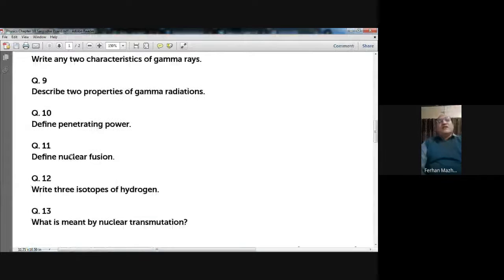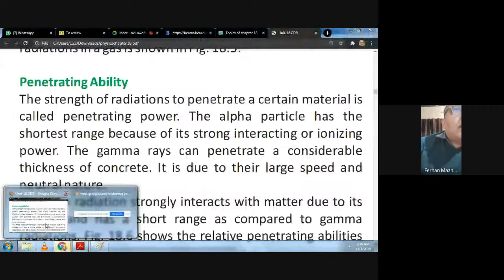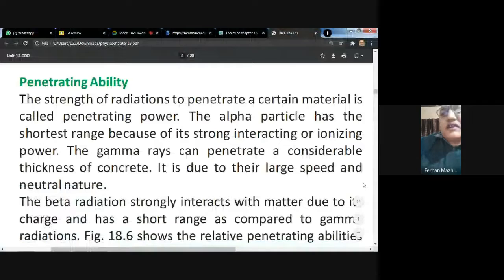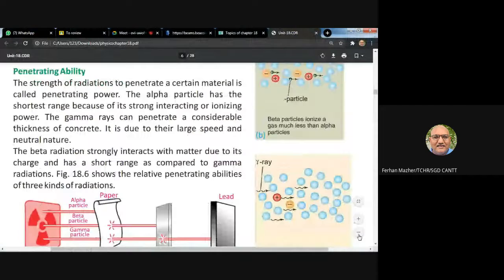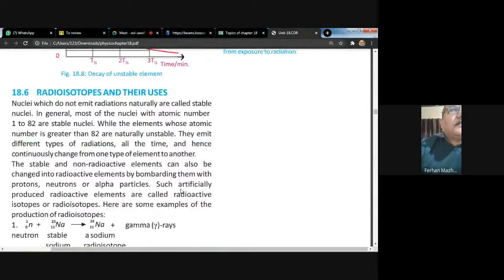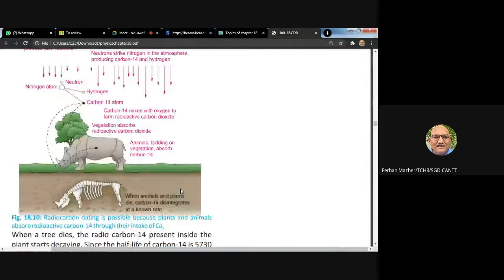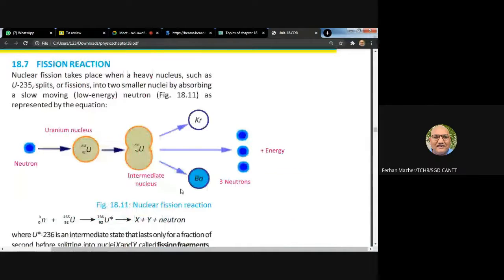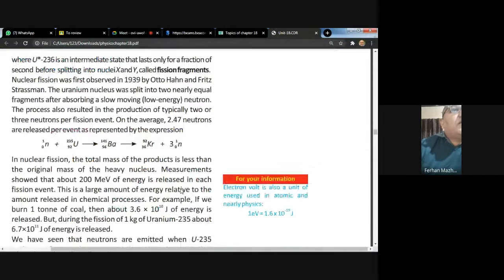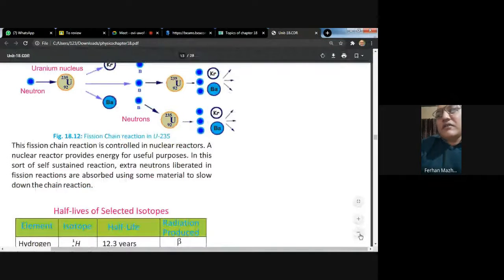Define nuclear fusion. Okay, we have to define nuclear fusion. Let's find out. Let me reduce the size.